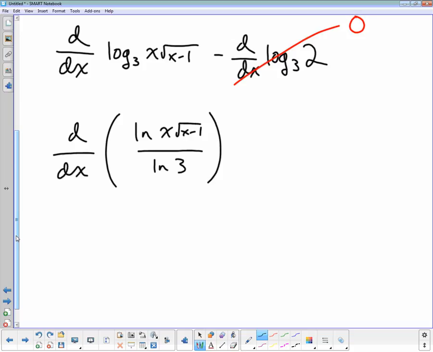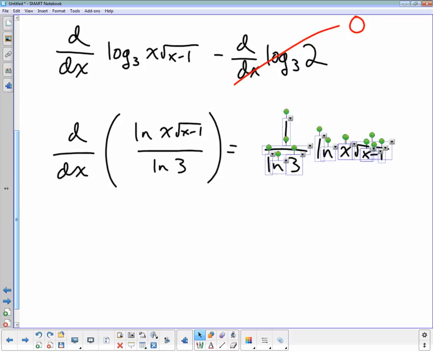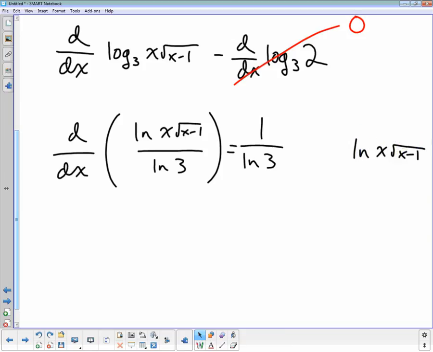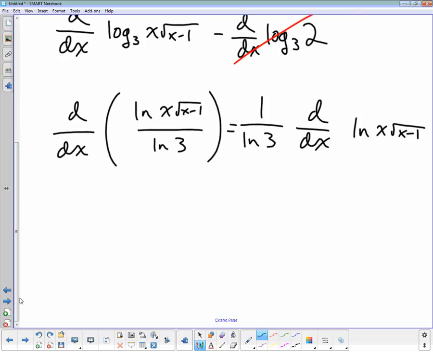So I use my change of base formula. And now I can use the product rule. Or in fact, the chain rule and the product rule.